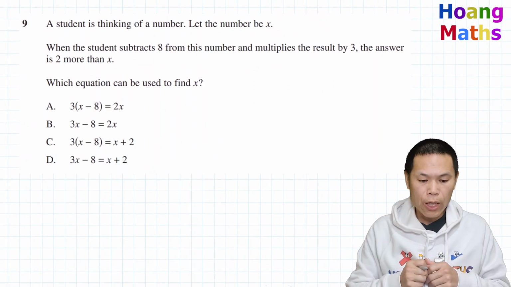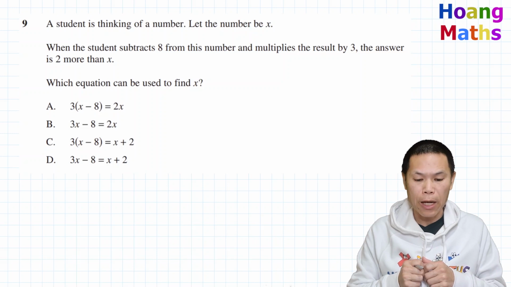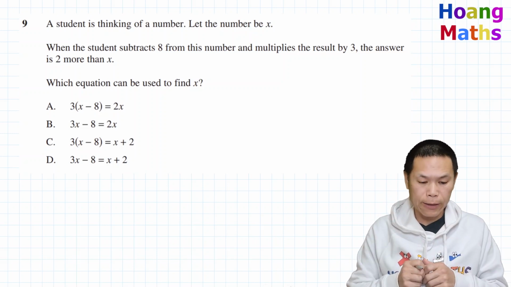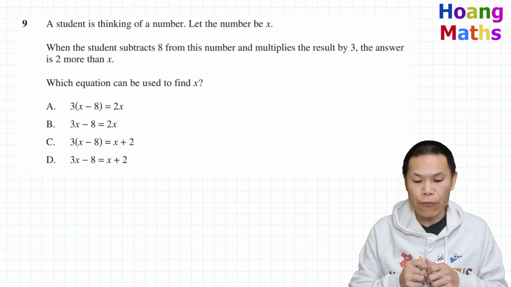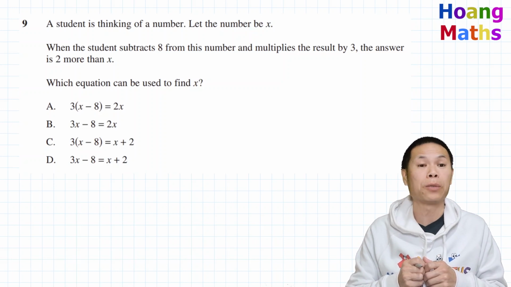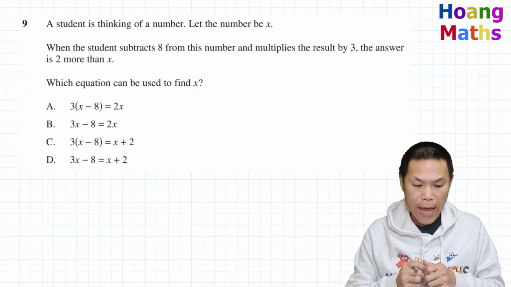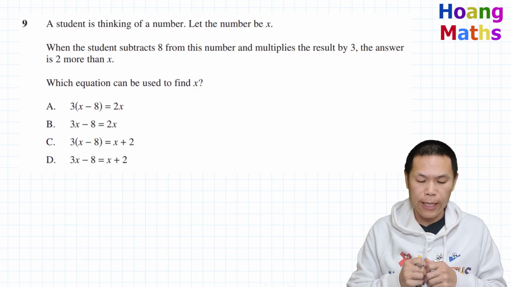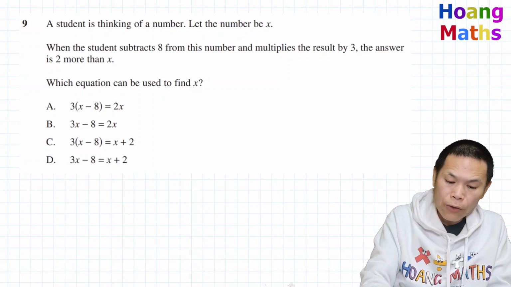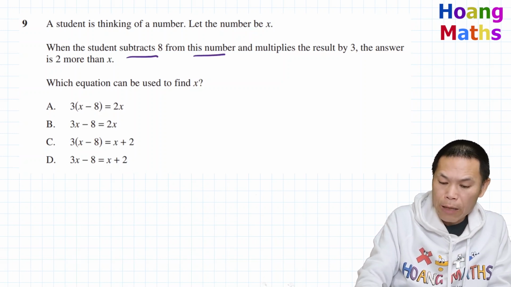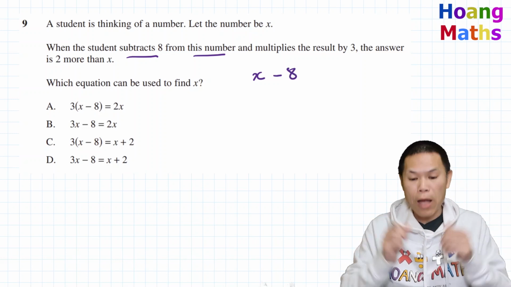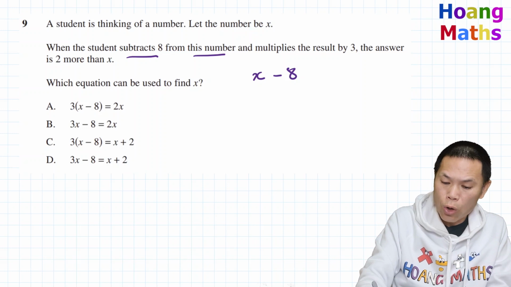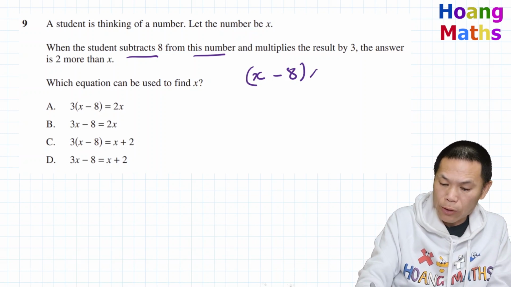Question 9. A student is thinking of a number. Let the number be x. When the student subtracts 8 from this number and multiplies the result by 3, the answer is 2 more than x. So we need to write this sentence out. If the student subtracts 8 from this number, that means x minus 8, and multiplies the result by 3, that means the whole lot you times by 3.